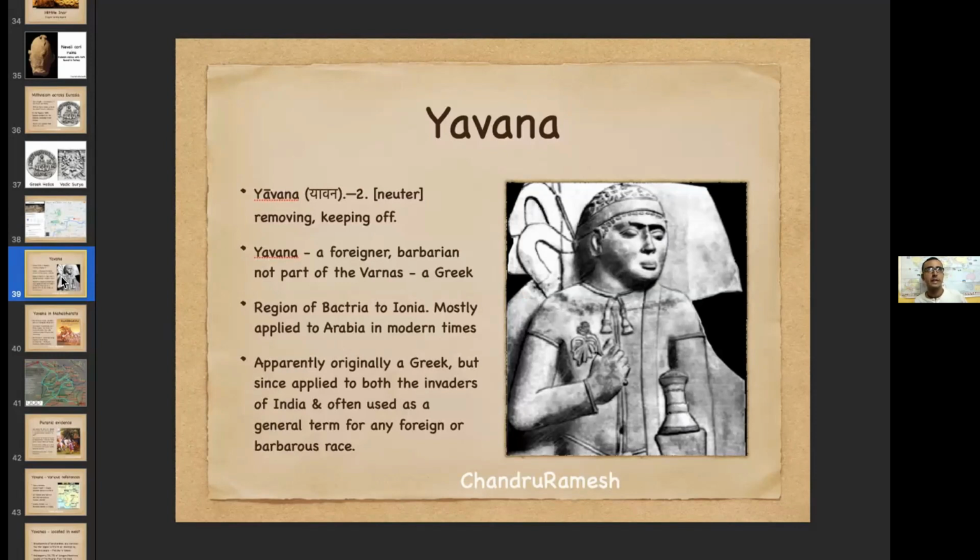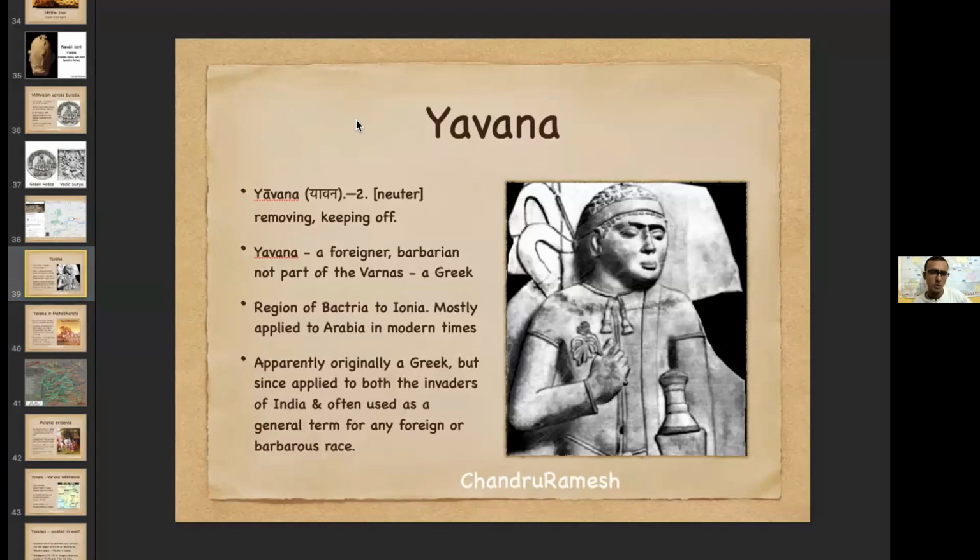If you want to understand the meaning of the word Yavana, it's someone who tries to be away, who tries to remove himself, to keep off from the general mass of people. So the Yavanas had migrated; basically they belonged to the Vedic culture, to Vedic India, and they moved far away to different parts of the world. So Yavana means a foreigner, a barbarian who is not part of the Varnas.